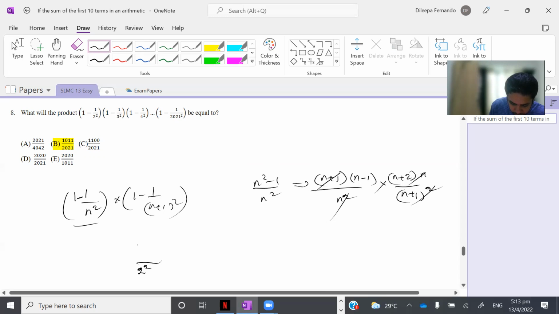So 2 plus 1, 2 minus 1: 2 minus 1 is 1 times 3. And 3 minus 1 is 2, 3 plus 1 is 4. We have 4 minus 1 is 3, 4 plus 1 is 5.